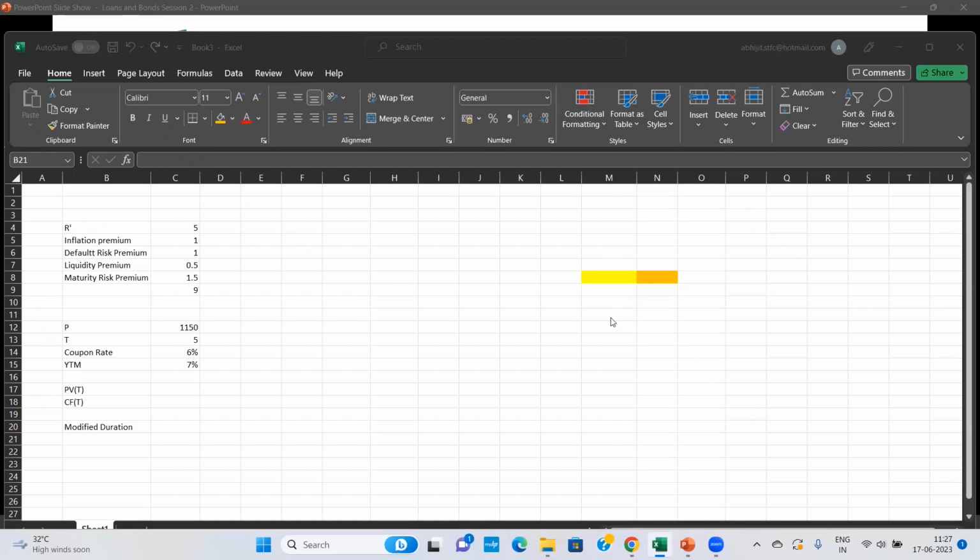Find out modified duration. Yeah, face value you can consider 1000.